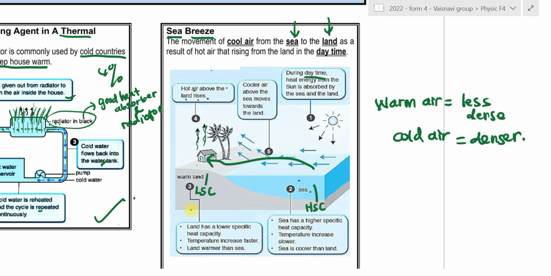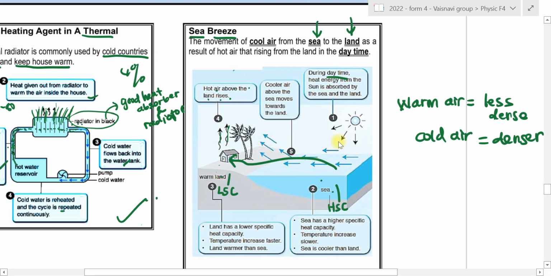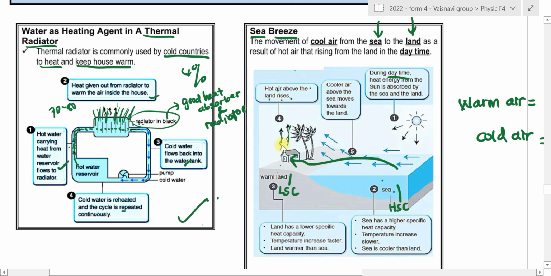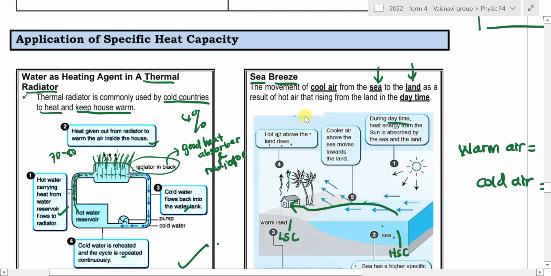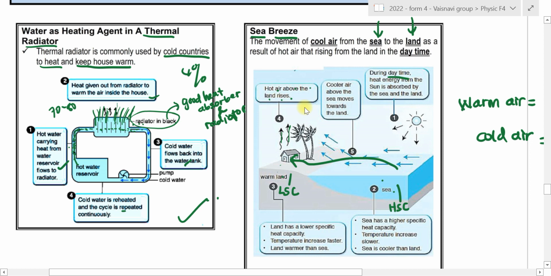So as a result, land is warmer than the sea. So the air above the warm land will rise, rises. The cold air from the sea moves towards the land to replace the hot air that has been lost. Roughly like that. Can understand sea breeze? Okay, sir. Okay, very good. A question like this, it often comes out as an explain question.